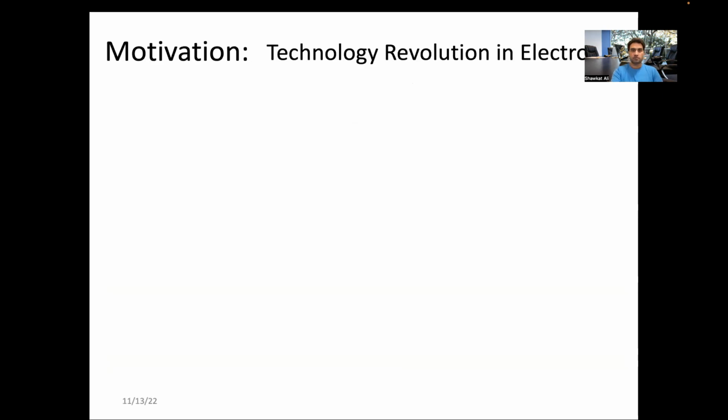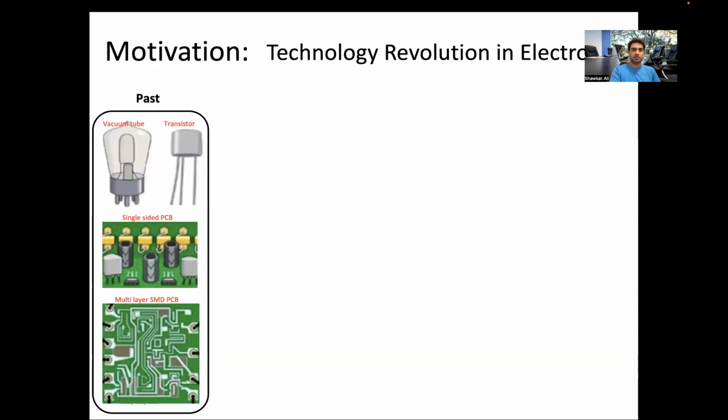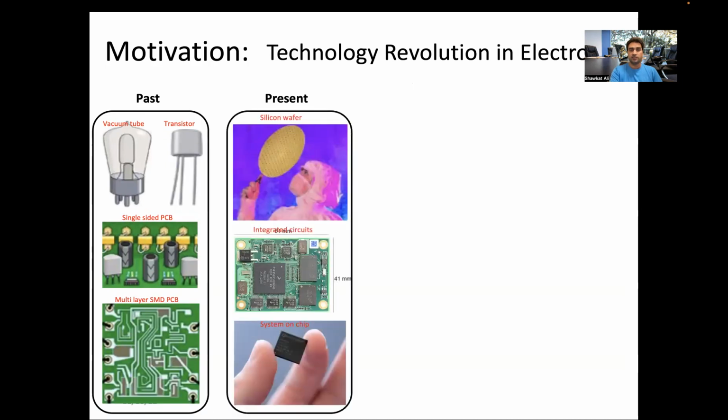So here I will talk a little bit about motivation. We started electronic technology from vacuum tubes to transistors and then printed circuit boards in the past. Currently, we are using silicon wafers to make chips.